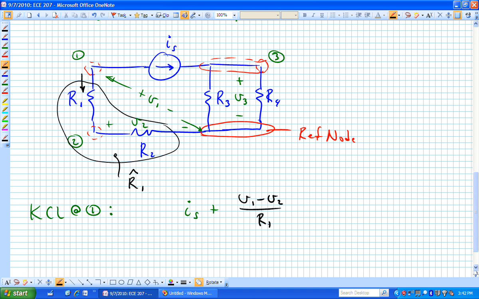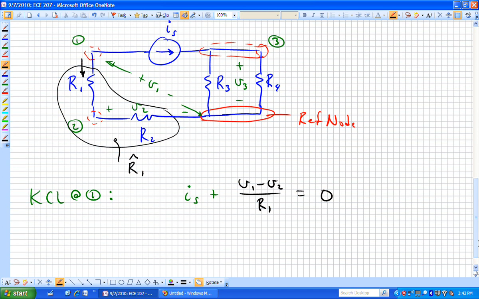Those are the only 2 currents leaving that node. Those have to sum to 0. There's one equation. We've identified 3 nodes. We should identify 3 different equations that contain V1, V2, and V3. We'll solve those for V1, V2, and V3, and we'll be done, essentially, with our analysis.